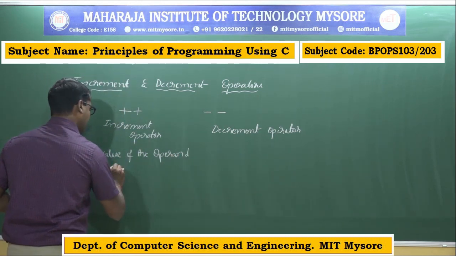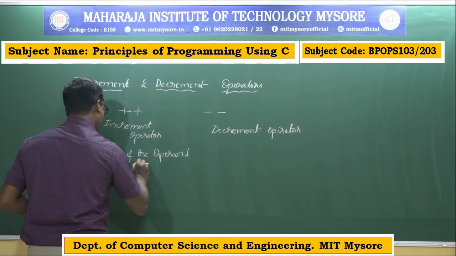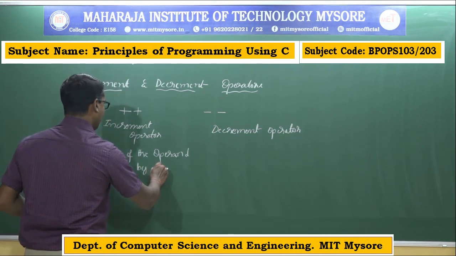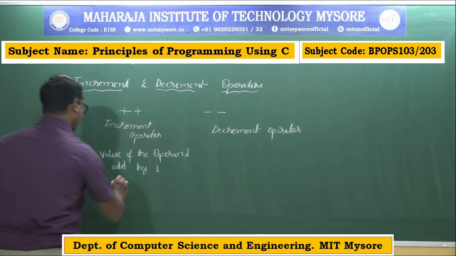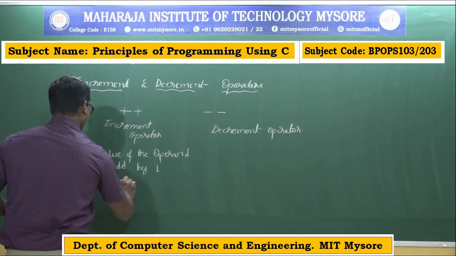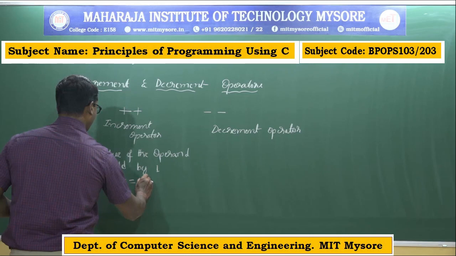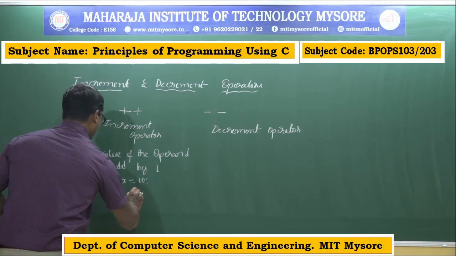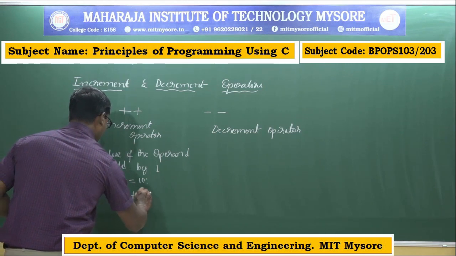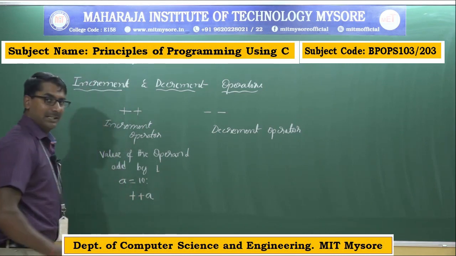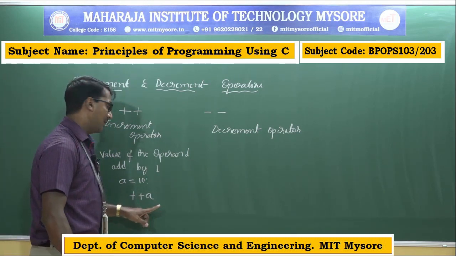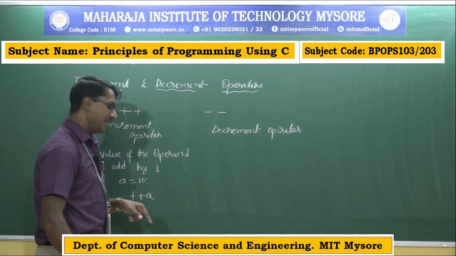In the increment operator, the value of the operand is added by 1. Example, the value of A is equal to 10. If you write plus plus A, now the value of A will be incremented by 1.